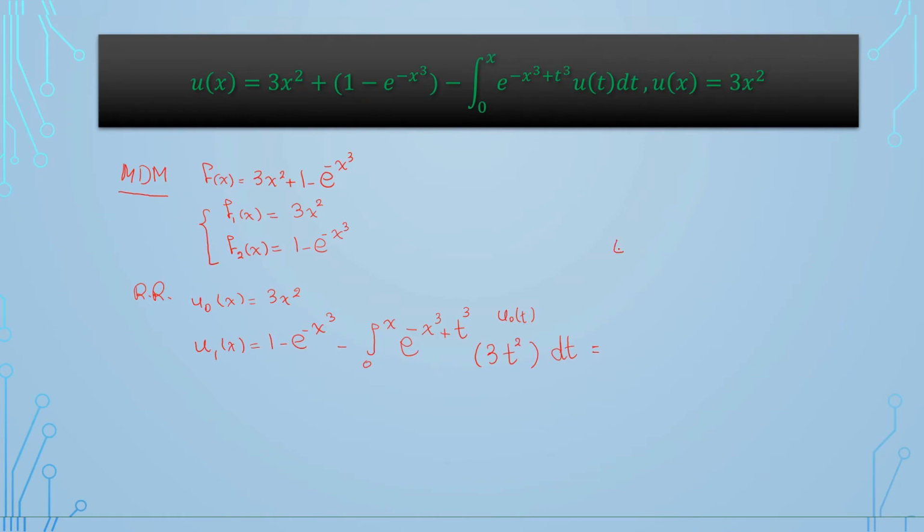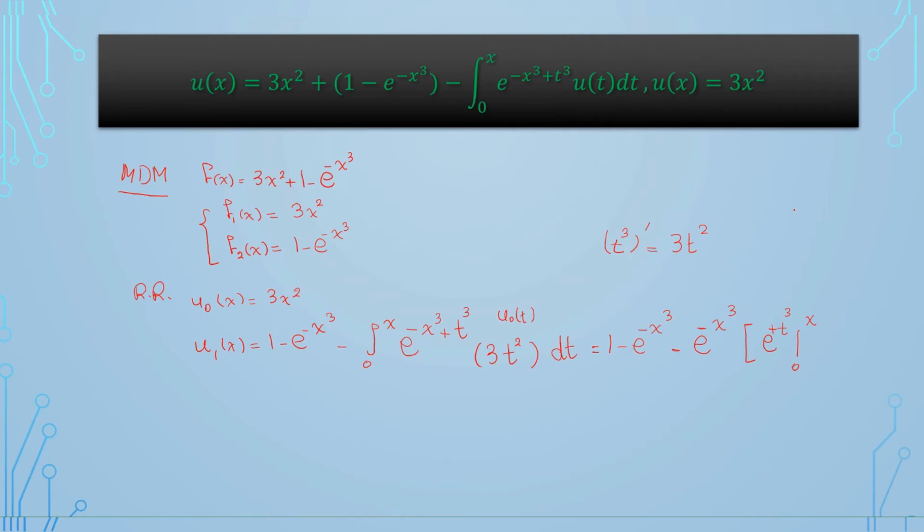So when we differentiate t cubed with respect to t, we will get 3t squared, and because it's multiplied here, we can write the following: 1 minus x cubed minus e raised to minus x cubed times e raised to t cubed, from 0 to x.